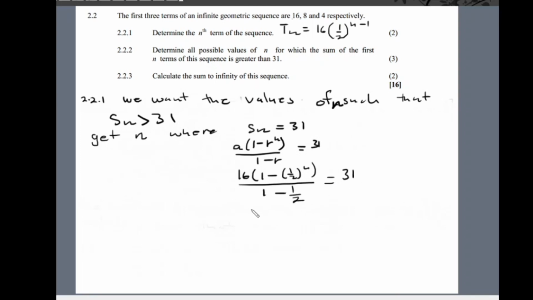Now simplifying this, we want to solve for n. In the denominator we have 1 minus 1/2, so we have 1/2, and if you take that 1/2 and cross multiply it to the 31, we will have 31 over 2.